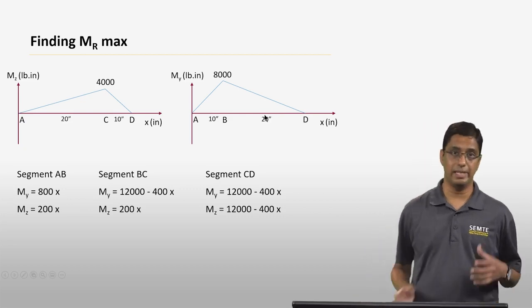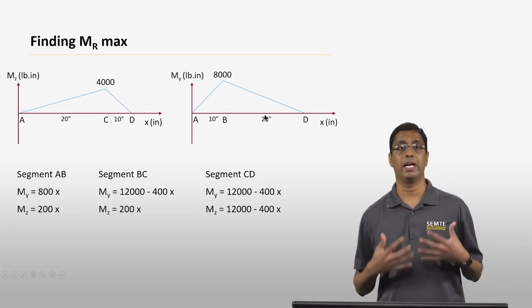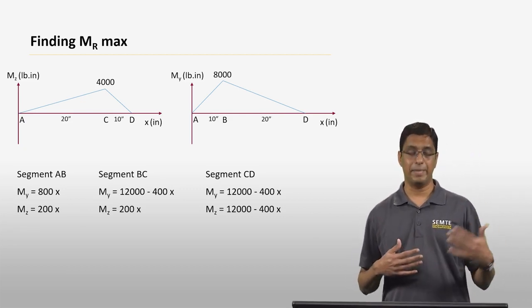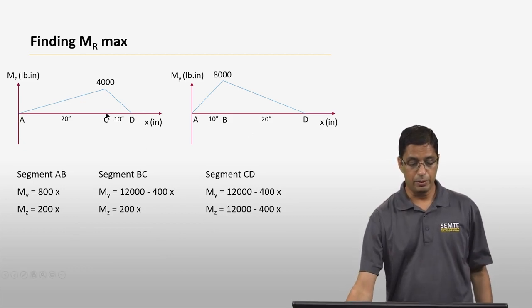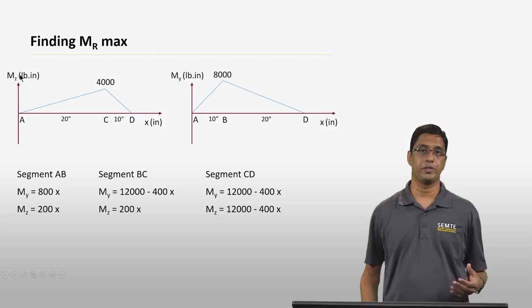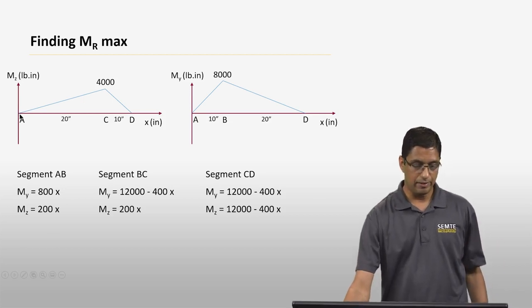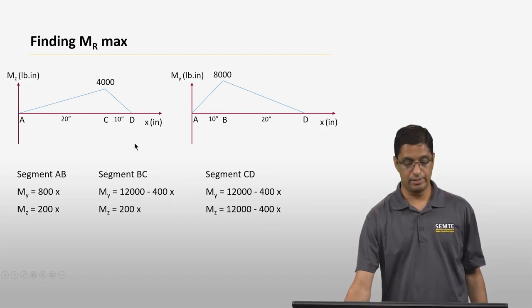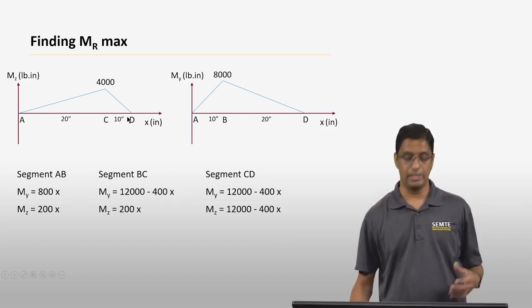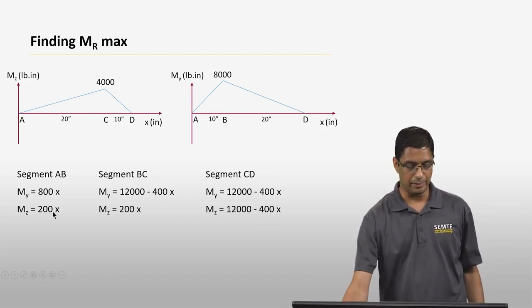That is the function for Mz for segments AB and BC. However, when you go to segment CD, the function for Mz is changing. It goes from 200x from A to C to 12,000 minus 400x from C to D. Those are the functions for Mz.